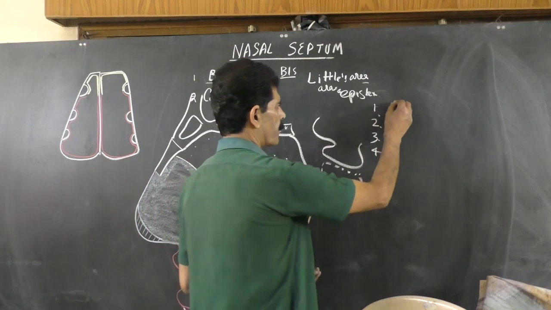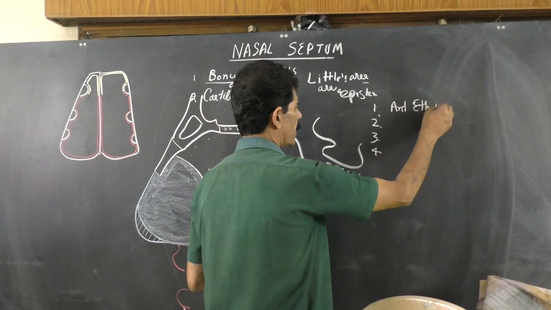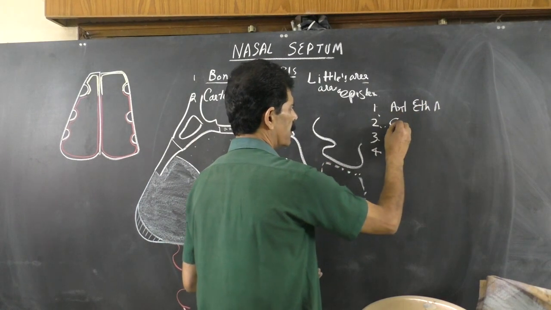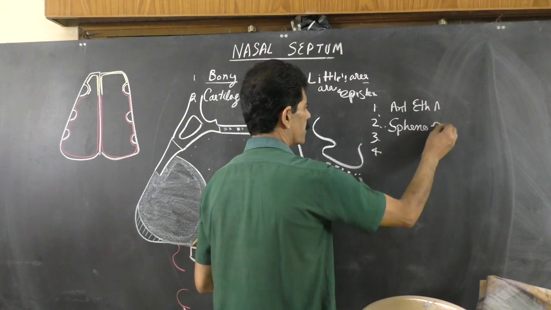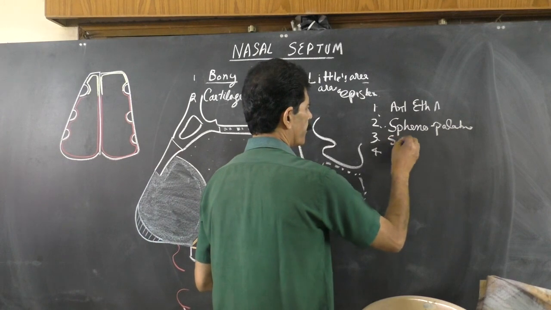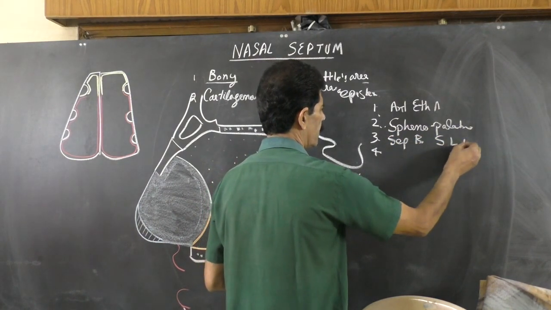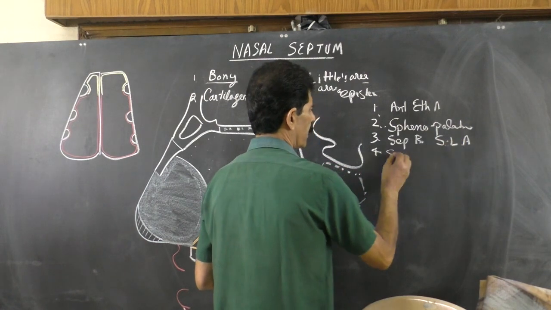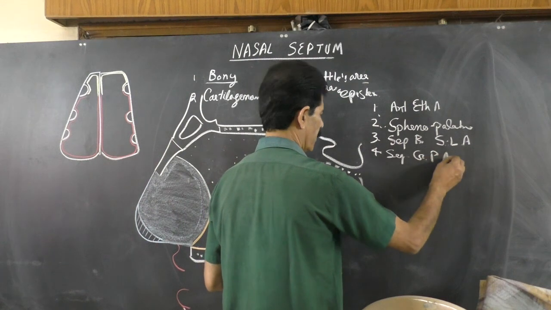One is the anterior ethmoidal artery, then the sphenopalatine artery, then the septal branch of the superior labial artery, and the septal branch of the greater palatine artery.